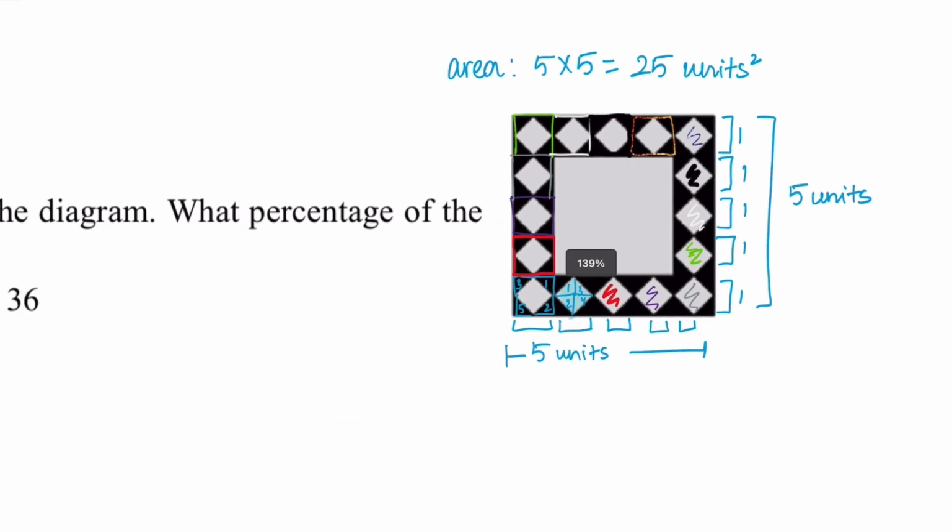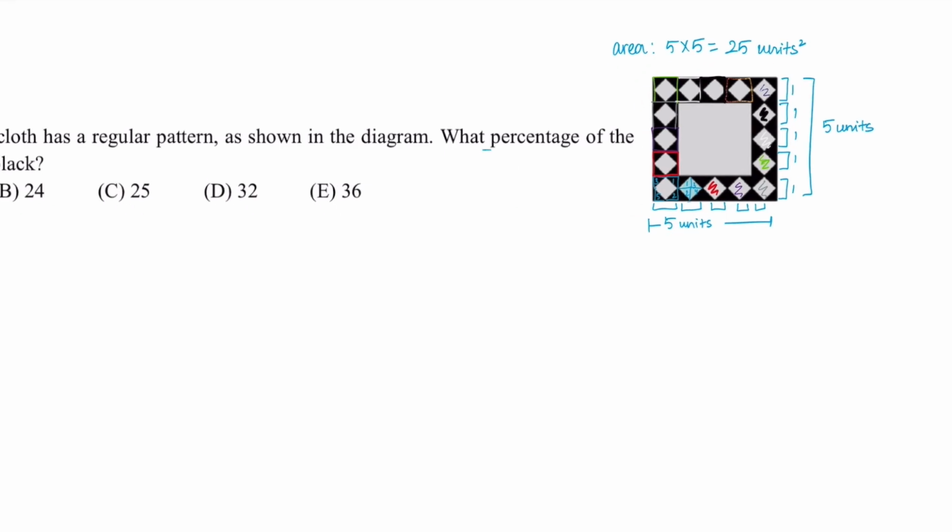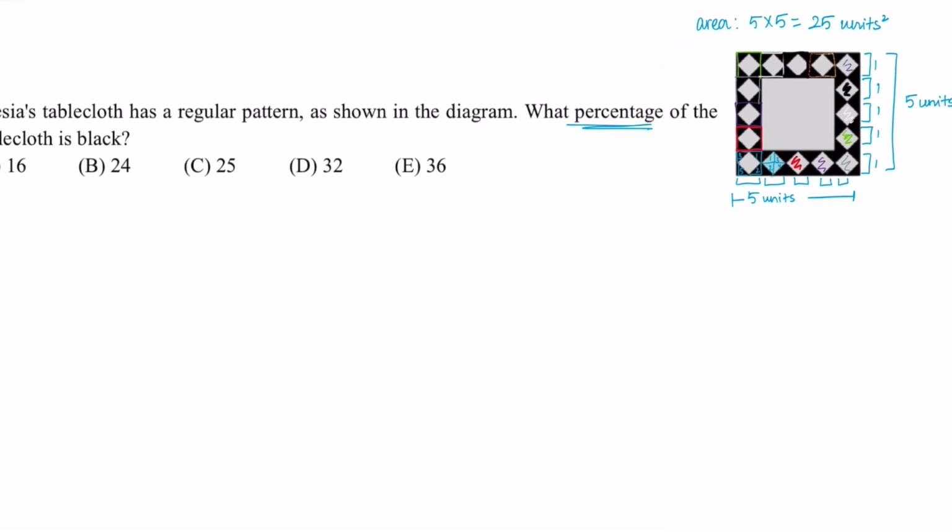Now the reason why I need this is because I need to find the percentage of what is black over here, right? I do remember that percentage is usually out of the total. In this case, the total is 25. And whenever you're trying to find a percentage with a fraction, you have to multiply it by 100. So now I need to know what portion is black, right?